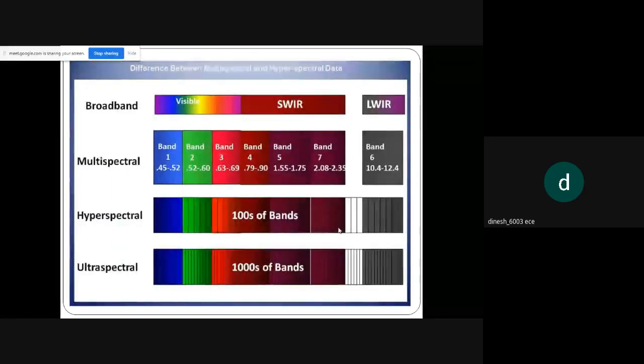So the major differences between the multispectral and hyperspectral is shown here.